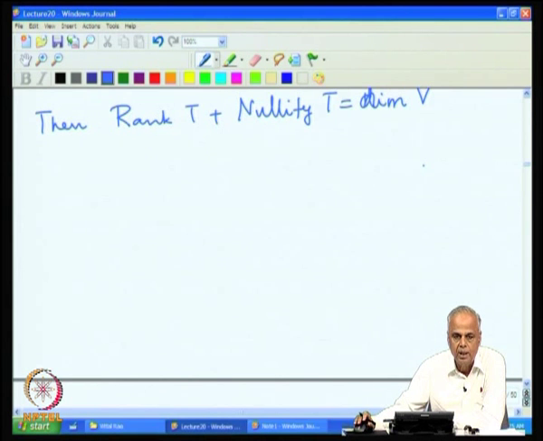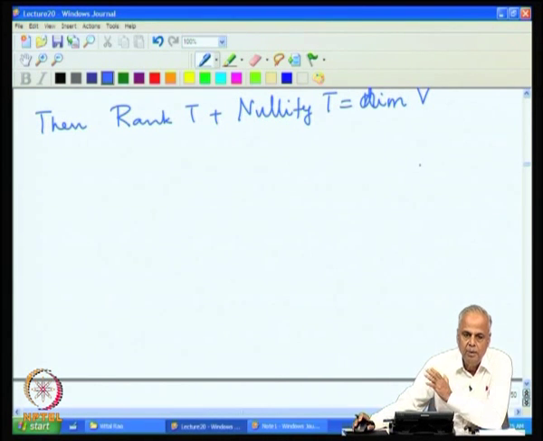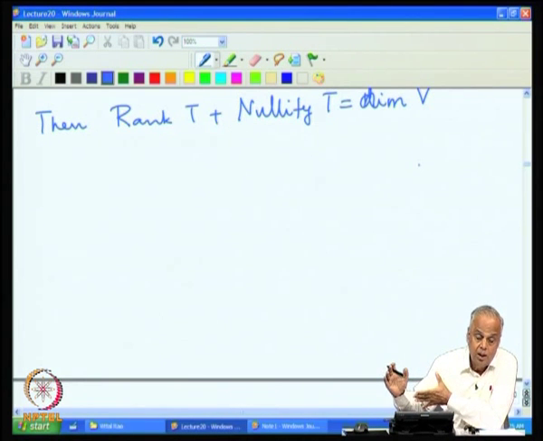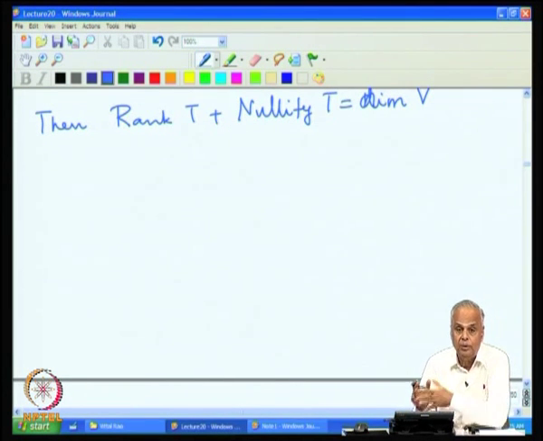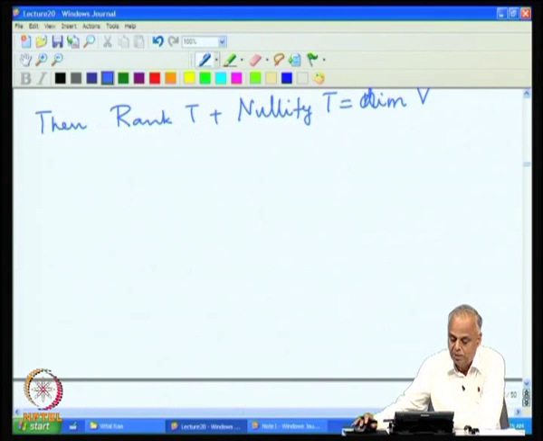This is a very important connection between the dimension of the range of T, which is a subspace of W, and the dimension of the null space of T, which is a subspace of V.